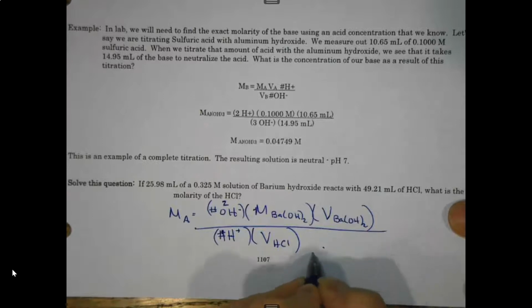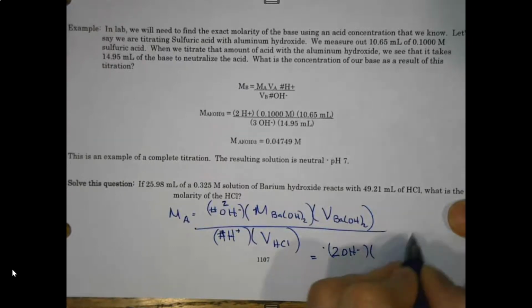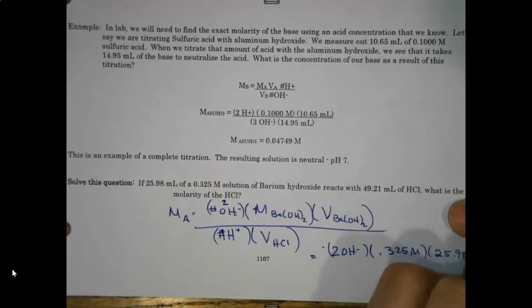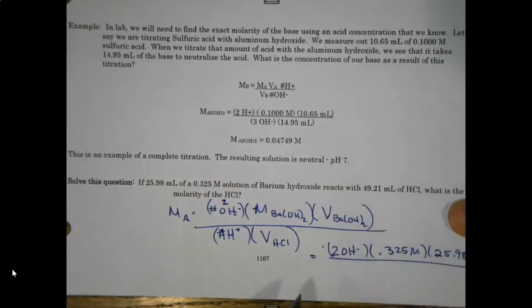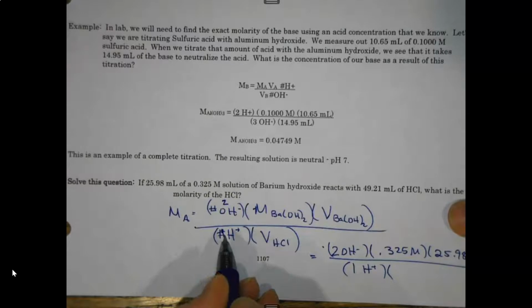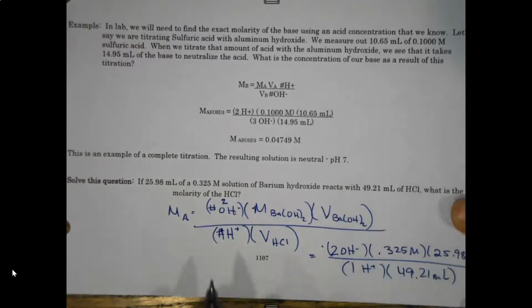So if we plug in those numbers, I'm getting 2 OH minuses for the number of OH minuses. The molarity is 0.325 molar, and I have 25.98 milliliters, all divided by the fact that I have 1 H plus and a volume of 49.21 milliliters.